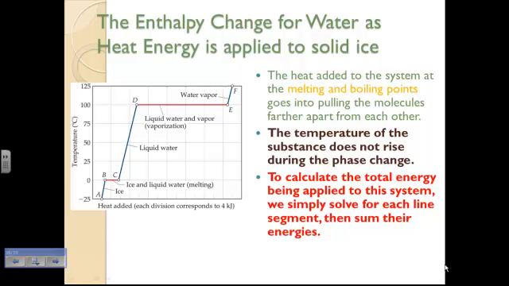Notice at line segment AB, from point A to point B, we're below 0. Water is in the solid form we commonly call ice below 0 degrees. So any energy that we're adding to the system from point A to point B, all of that heat energy is being used to simply warm the ice.